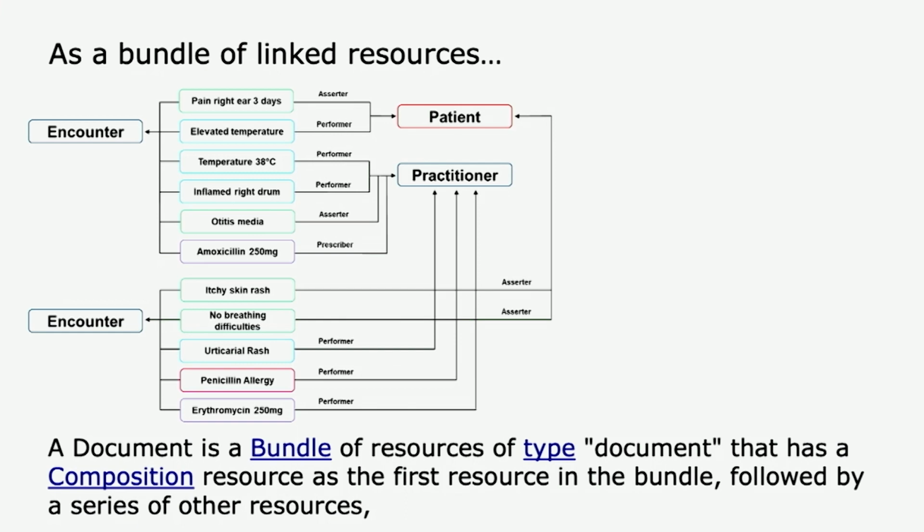So a document is a bundle of the resources for the data in that document plus a FHIR composition resource. And the composition resource tells you what this document is and how those resources are arranged in this document. So you wind up with a FHIR document that you send as a bundle.